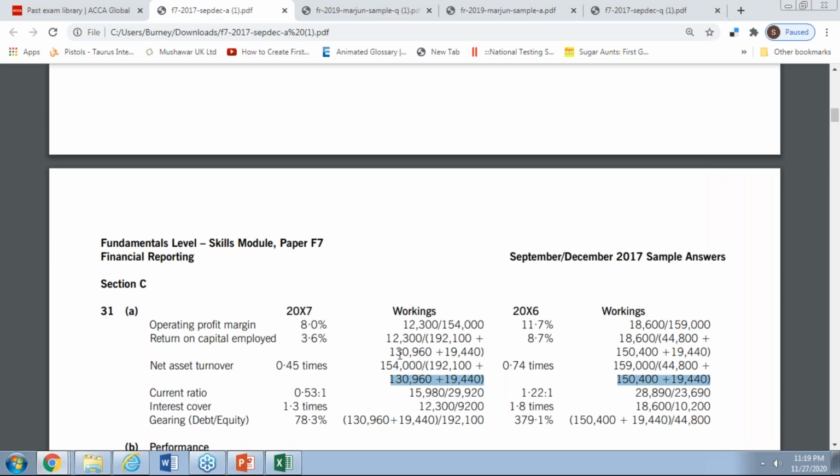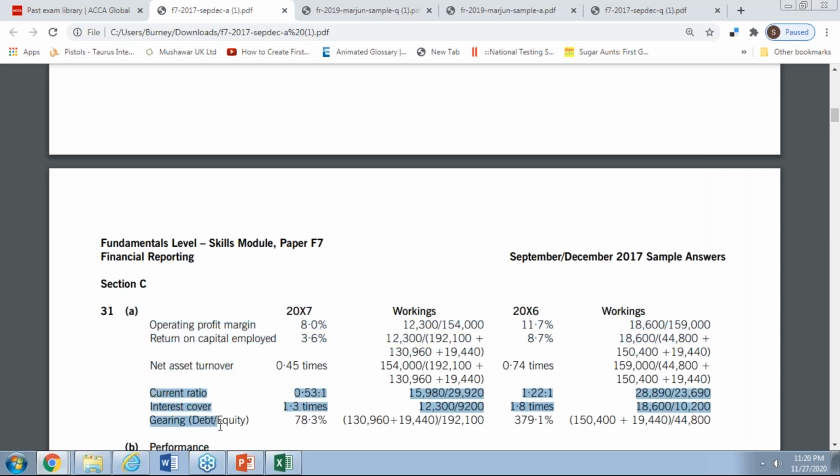The reason could be that fewer passengers are traveling, or it could be due to the low airfares that we are charging to the customers. So these are the points that you should discuss in the profitability. So the first three ratios will be for the profitability.